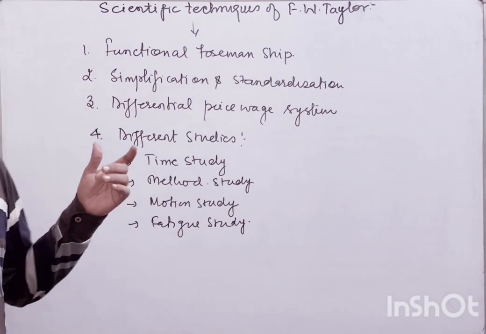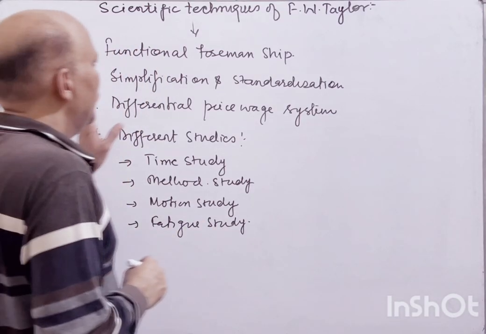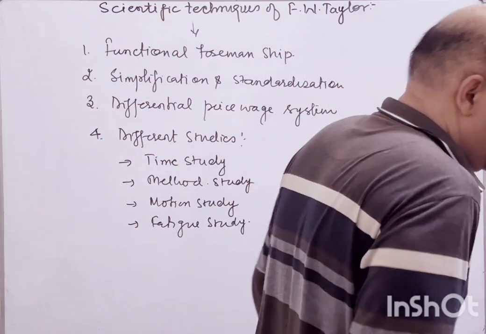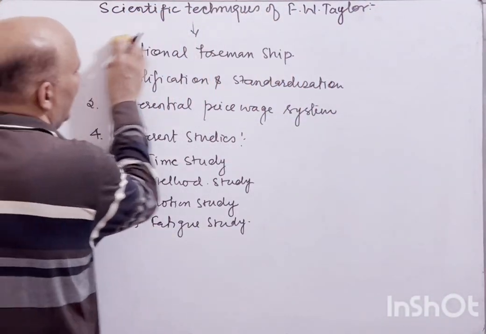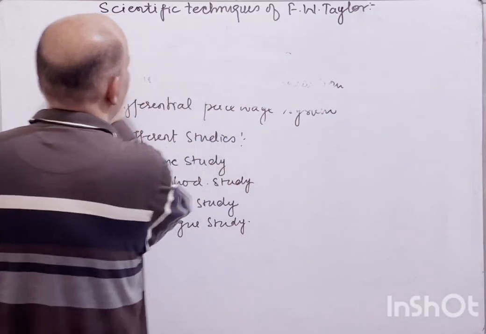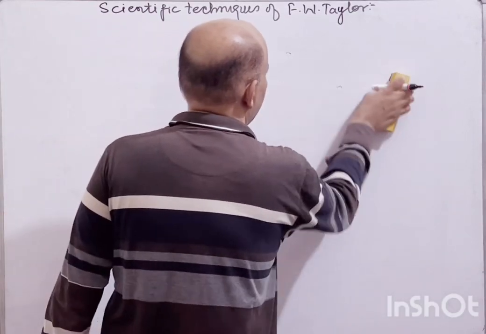So these are the major techniques used by Taylor, right? Now one by one we are going to discuss, एक के बाद एक हम discuss करेंगे, so that you can understand what the principles and what the techniques are.